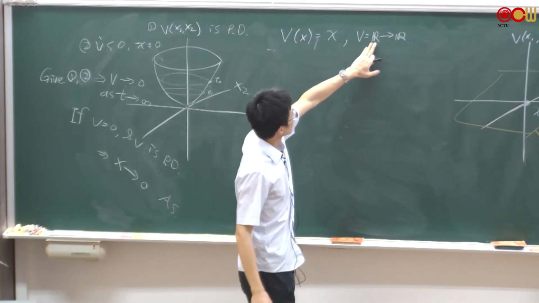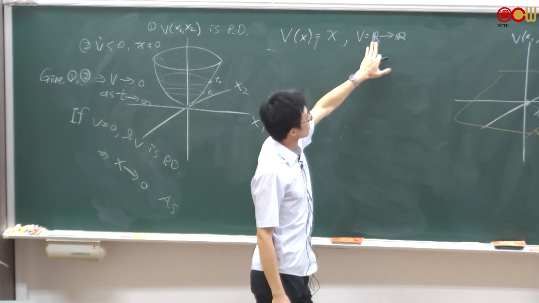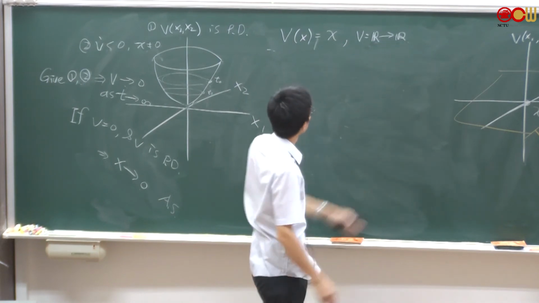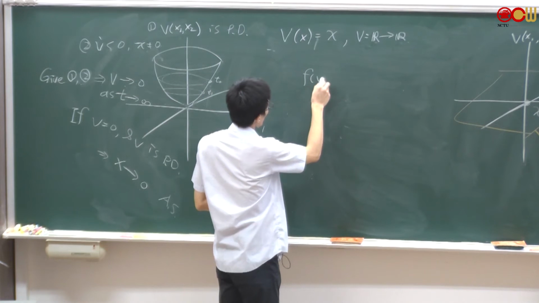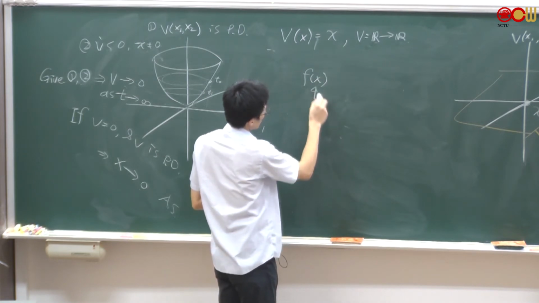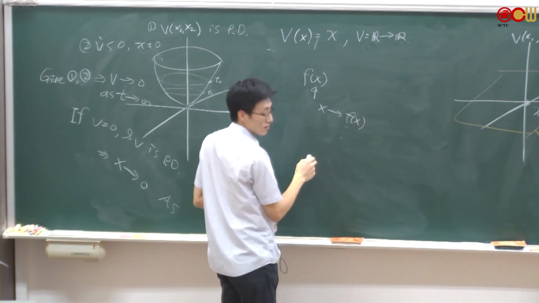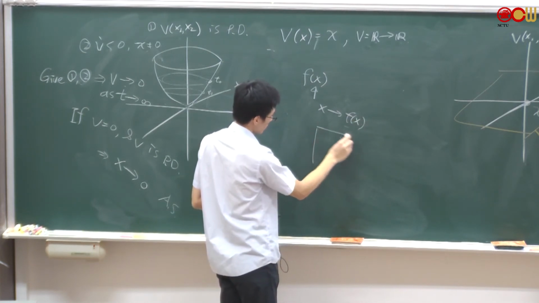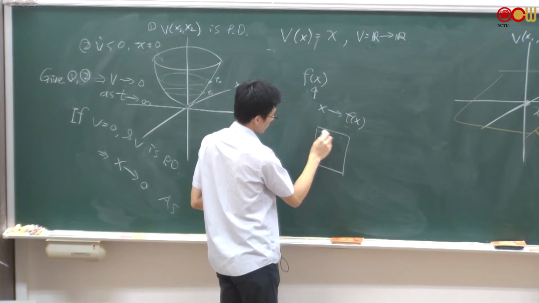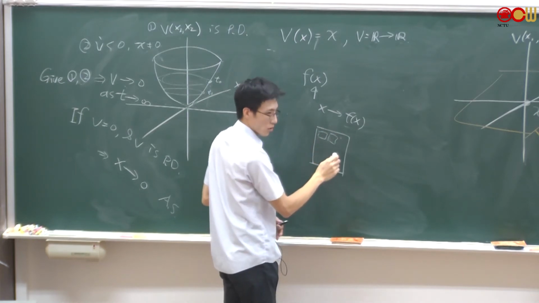So mapping means you map an argument to the value of the function, right? Some kind of like f(x). You map x to f(x), right? Like a vending machine.